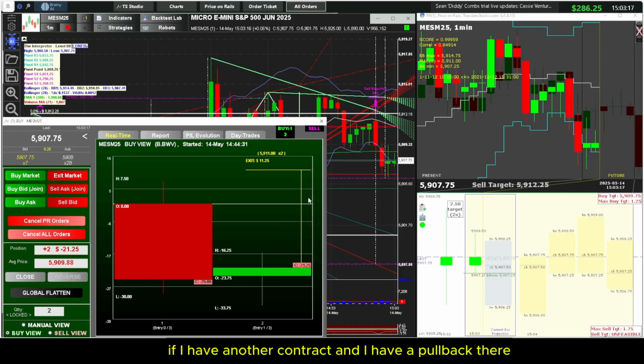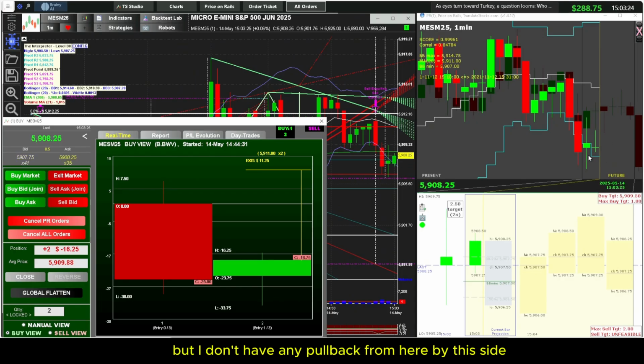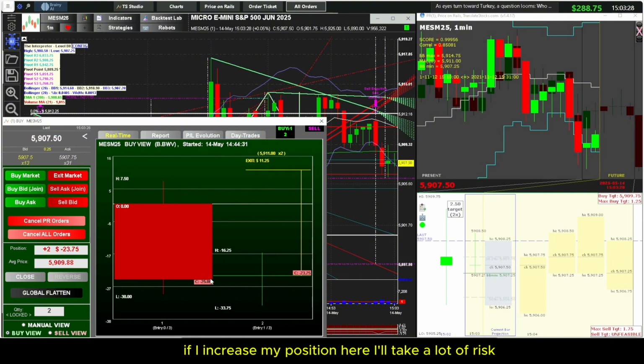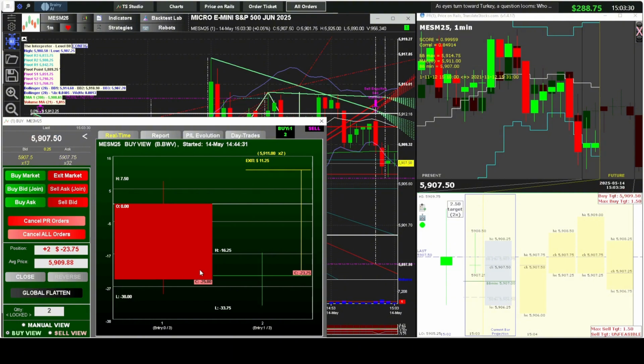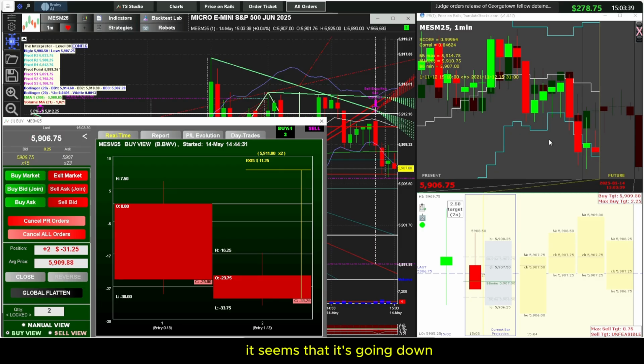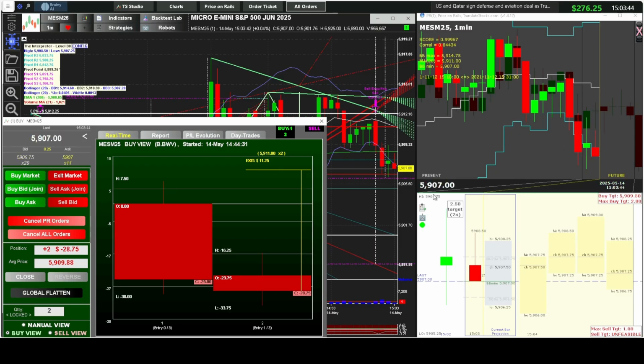If I have another contract and I have a pullback there, but I don't have any pullback from this side, if I increase my position here, I'll take a lot of risk. That's me reasoning on this trade. I carry a lot of risk because, again, it seems that it's going down and it can test the 900s.